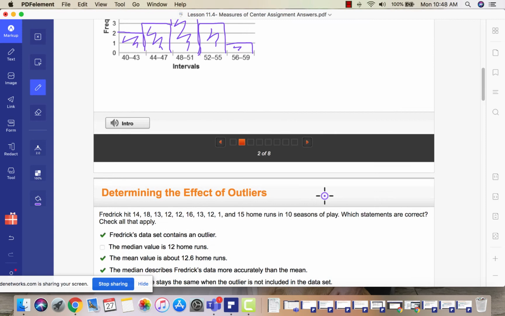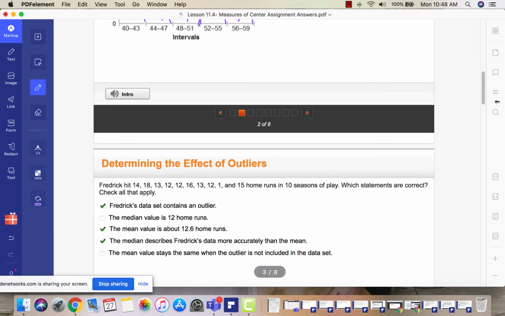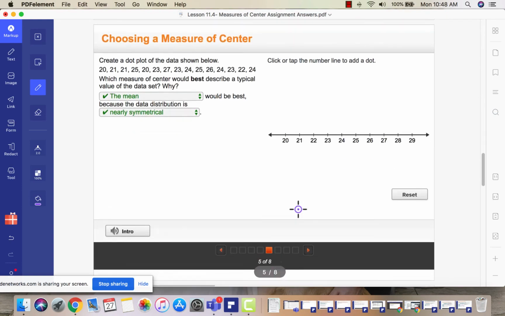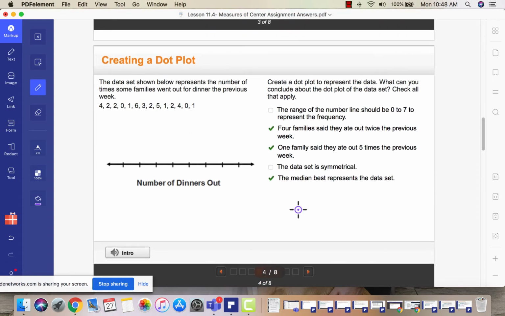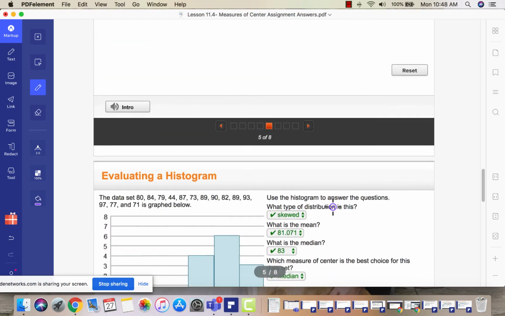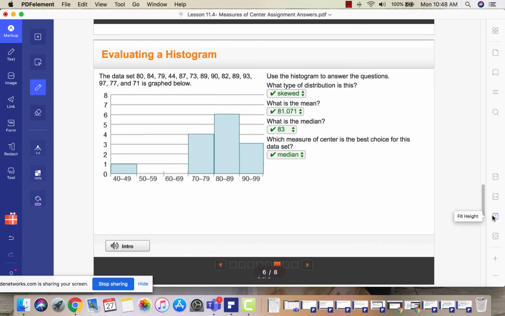I'm going to go to question 6. The data set is provided here. It says to use the histogram to answer the question: what type of distribution?